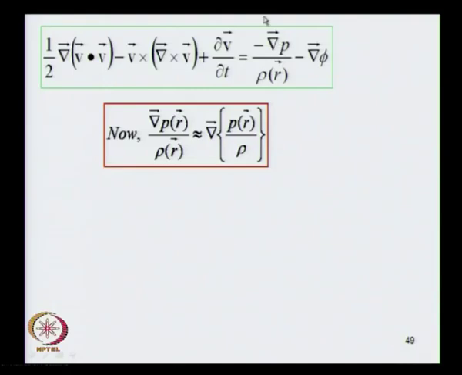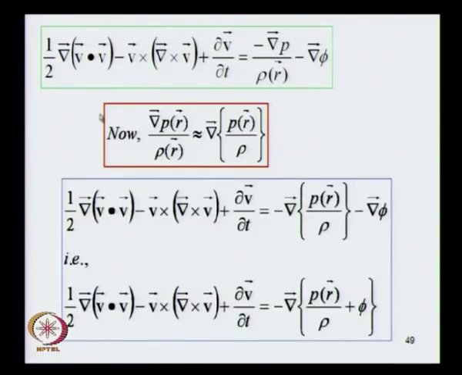So, that makes it easy to write this term: this half gradient of V dot V is here, minus V cross curl of V is here, the del V by del T is here, and this term del P over rho is written as gradient of P over rho with this minus sign, which is brought forward from here, and the last term is minus del phi, which of course survives.